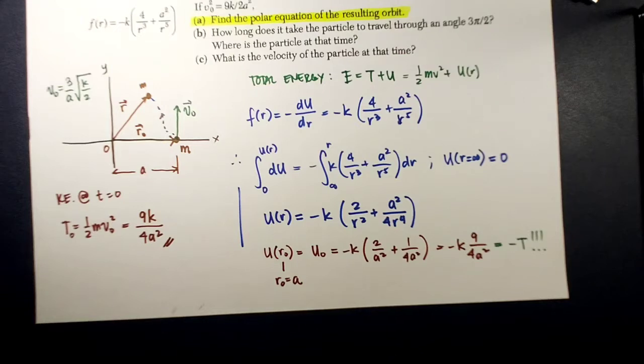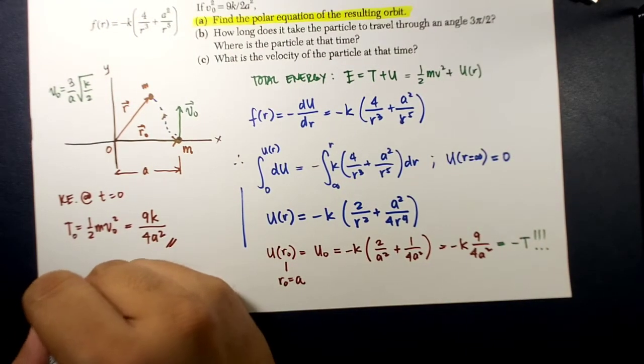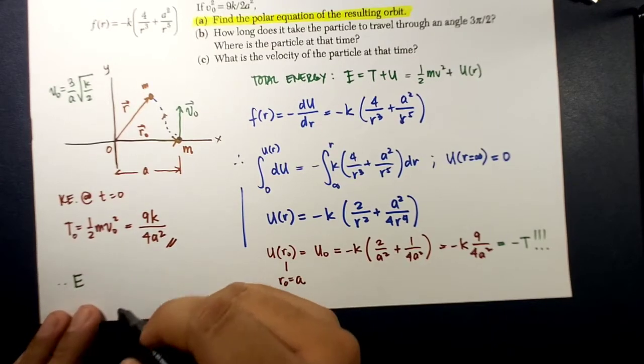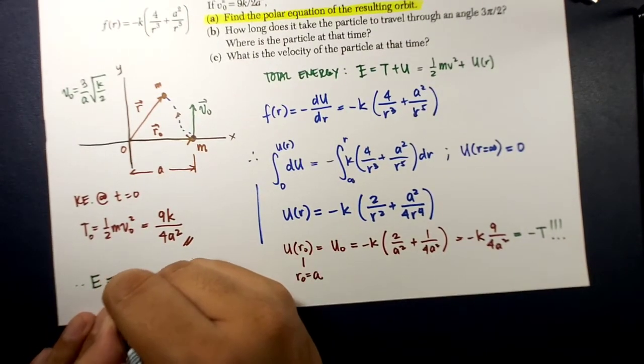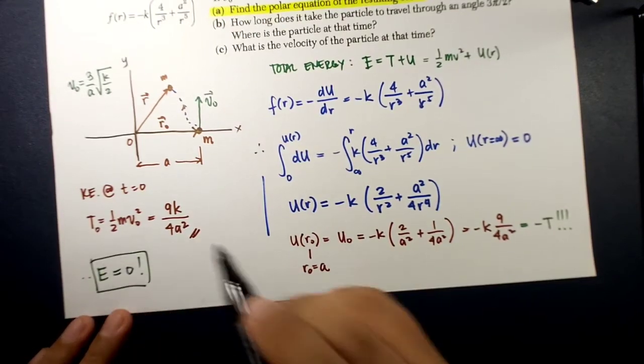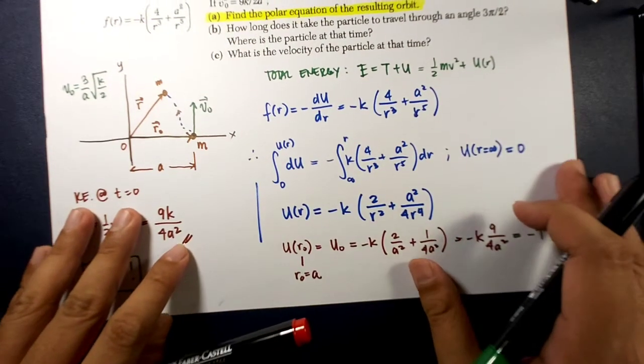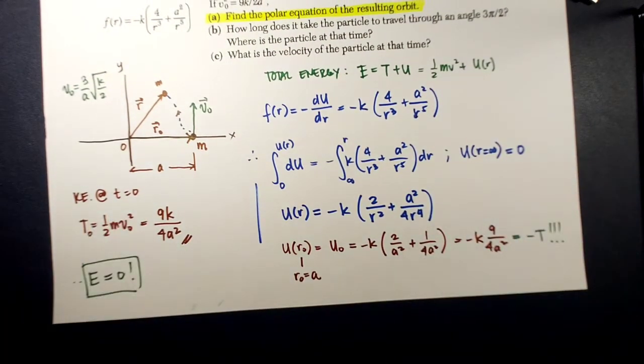From here, we can safely state that the total energy, which is a constant, is equal to 0 at any given point in time. Amazing, right?